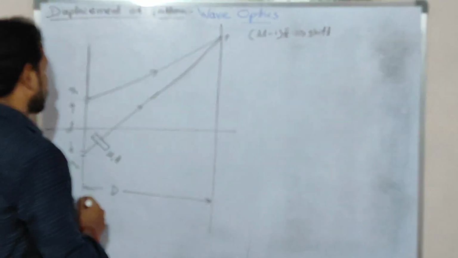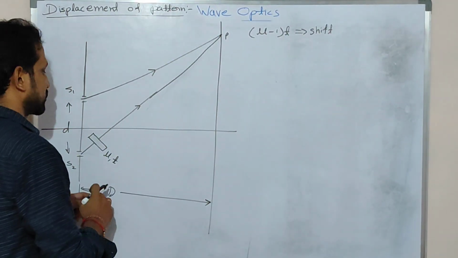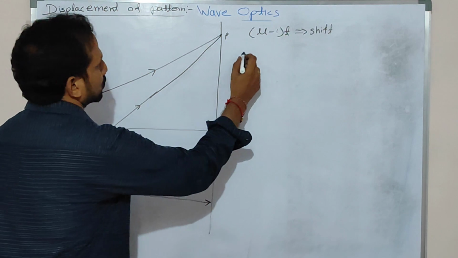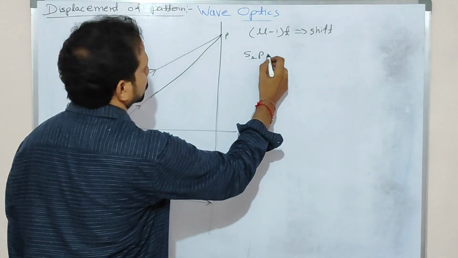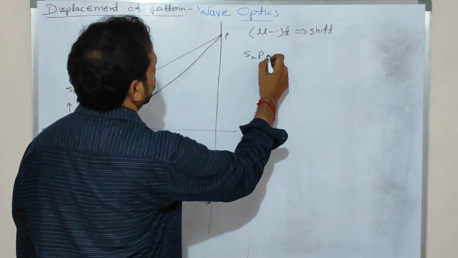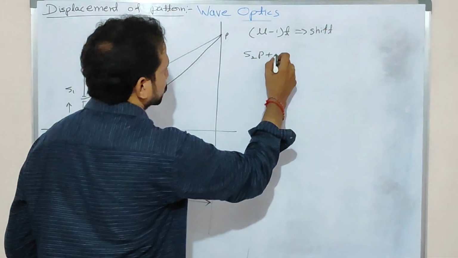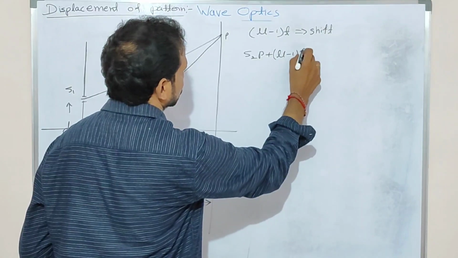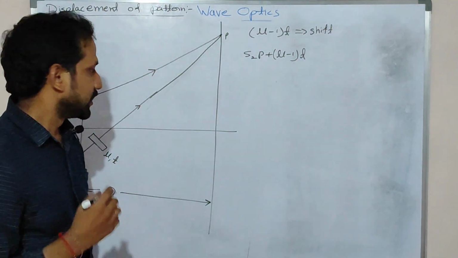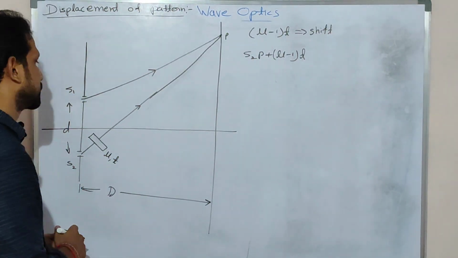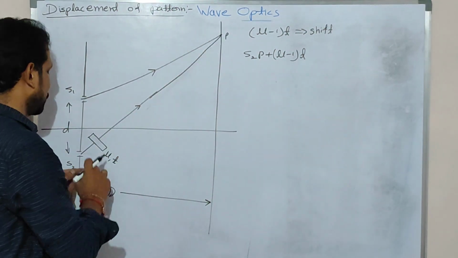Now the effective optical path length from S2 to P is going to be S2P, the geometrical length, plus this one, mu minus 1 into t. I hope you got it. In geometry, the distance between S2 and P is simple, from here to here.